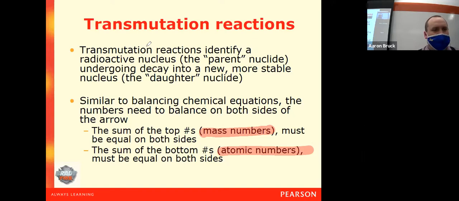And again, we're working off of our common system here of notation, where we've got the mass number on the top, the atomic number on the bottom, and the element's symbol there in the middle.